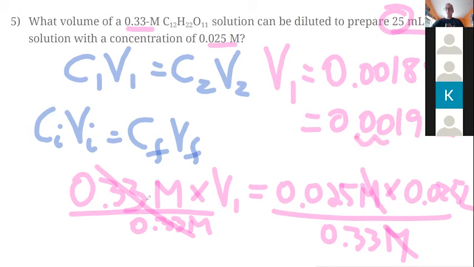So 1, 2, 3, 1.9 milliliters. Either one is fine. As long as you have the right number, the right unit, and the right number of significant digits. So you could present it in milliliters or microliters or whatever unit you want.